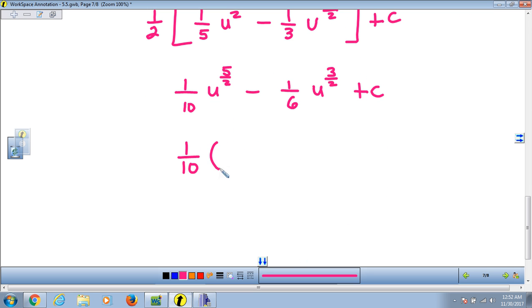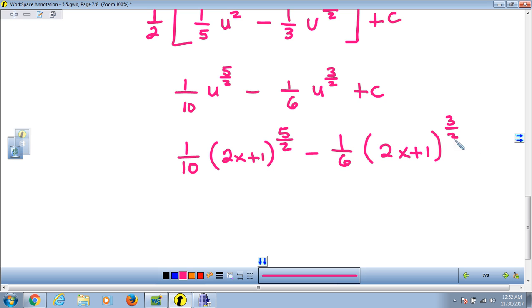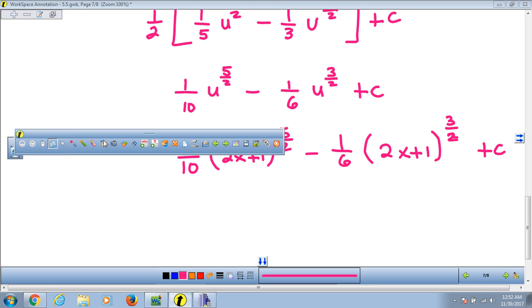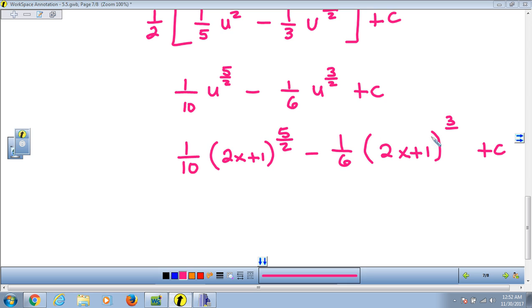1/10 times 2x plus 1, raised to the 5 halves, minus 1/6 times 2x plus 1, raised to the 3 halves. So once you simplify as much as you can the substitution of the u, then you just replace u by the actual value of u, from the original inside function.